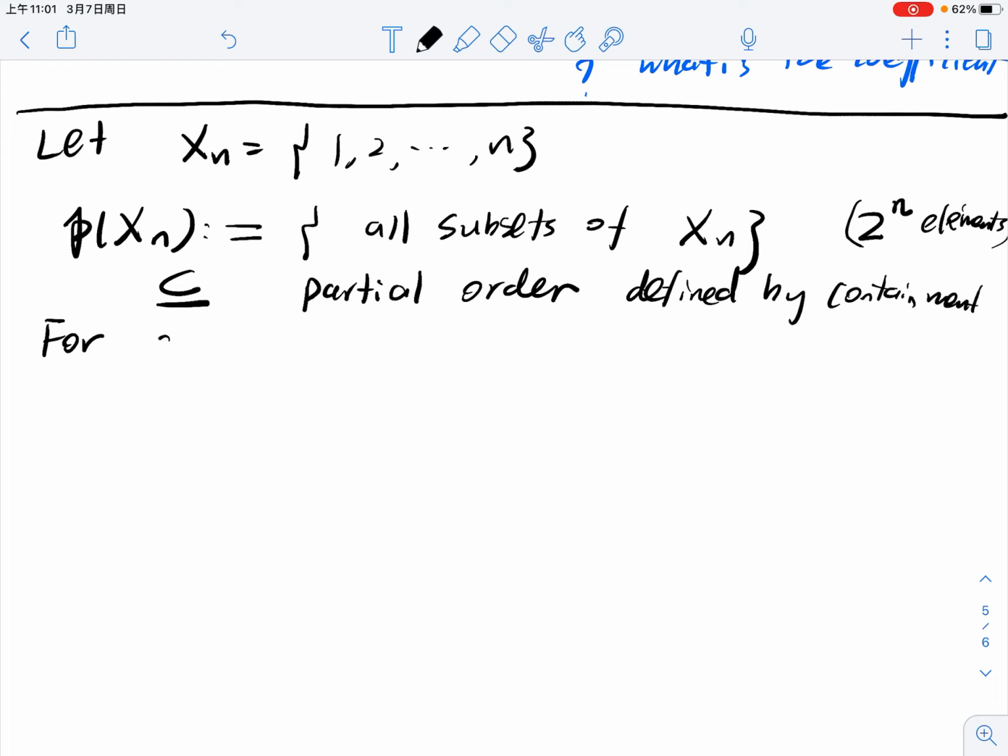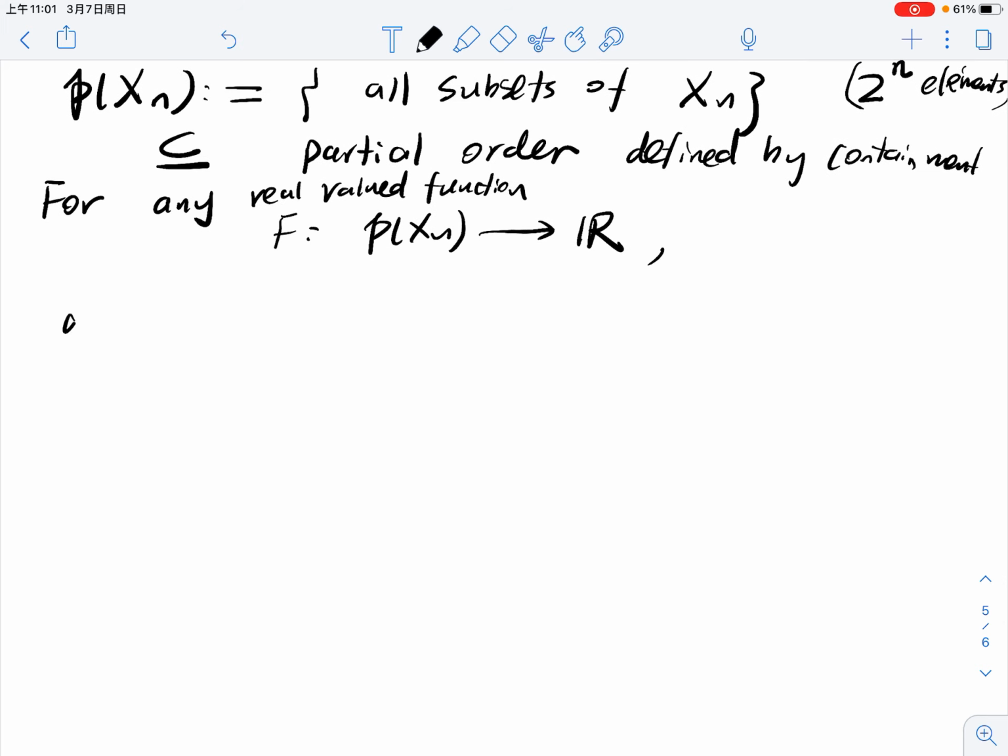Okay, so for any function f from P(Xn) to R, a real number, or for any real valued function, we define G as follows.